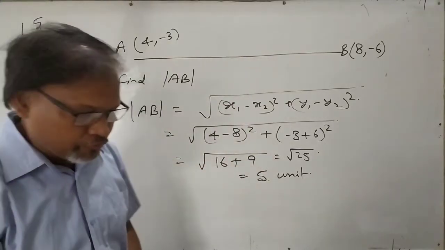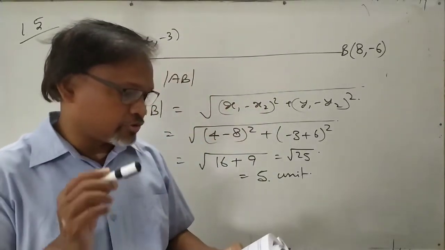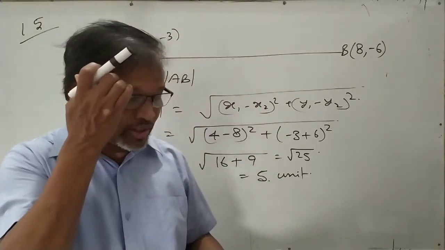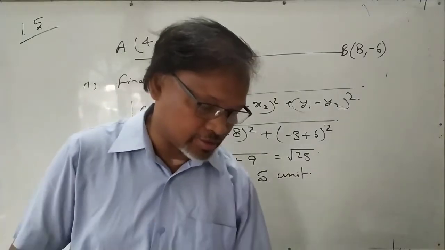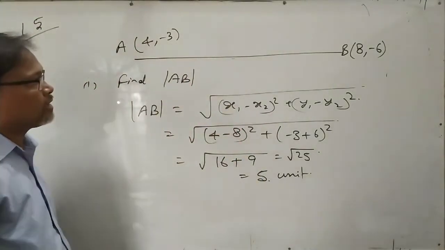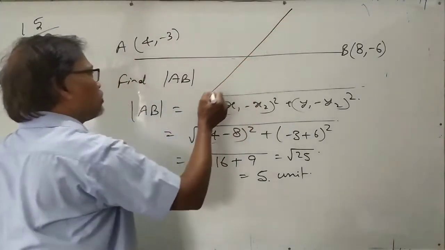Now in what ratio is the line segment joining AB divided by the x-axis? मतलब ये एक line है जो x-axis को divide करती है.